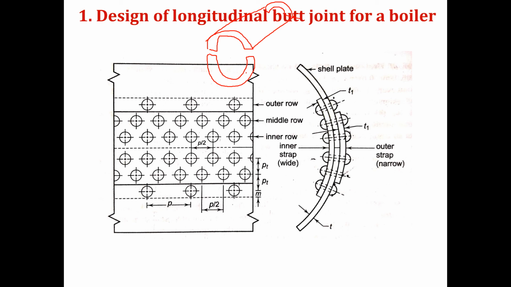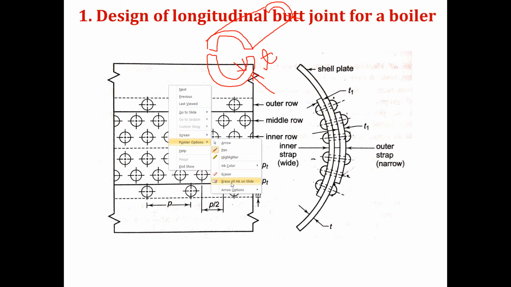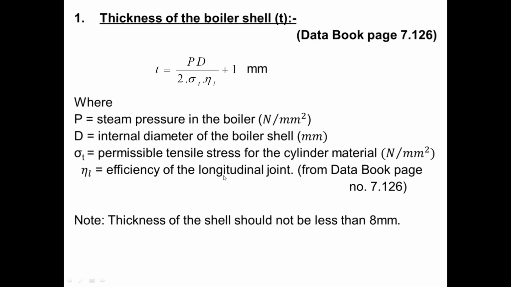Now, this boiler's shell, this is called the shell, how much thickness can it have? This is the first part in the designing process of this longitudinal butt joint. That thickness you can calculate from design data book page number 7.126.